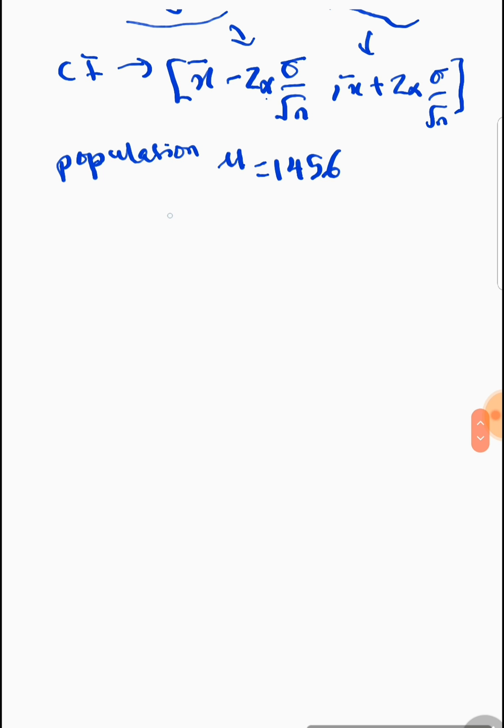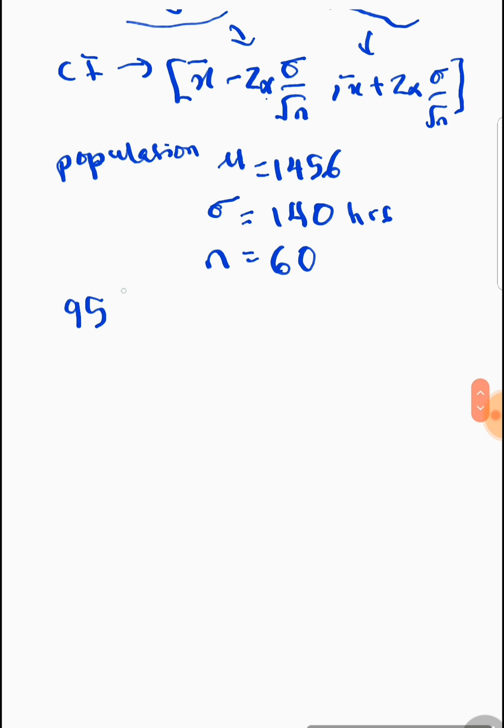So say we have a population mean of 1456 hours for the average lifetime of the bulb. And if I recall what we talked about earlier, we have the random sample, and then we have the standard deviation of 140 hours, and the random sample is 60 samples, remember? All right, so let's test it out with a 95% confidence interval.